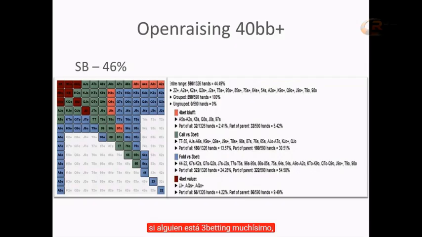If someone is 3-betting a lot and you have the stat and the read on him that he's very aggressive from the big blind, and you want to have at least more than 300 hands to have a valid number, you can 4-bet bluff a ton.